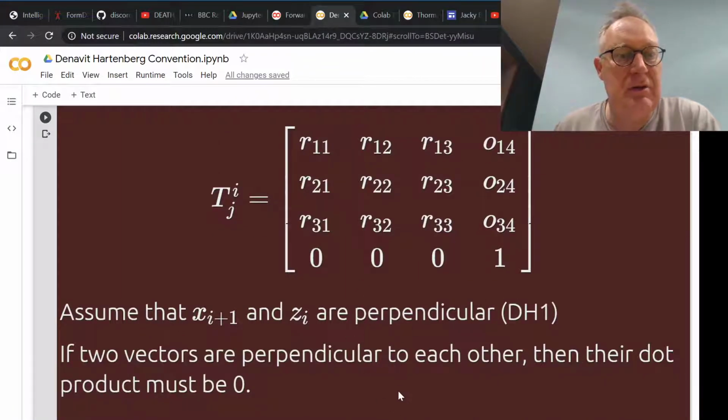Because we bring it into our coordinate system. Our current z coordinate is 0, 0, 1, and then that has to be equal to 0.